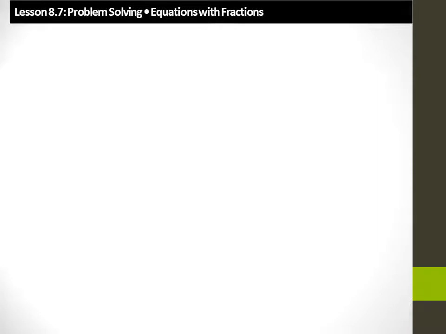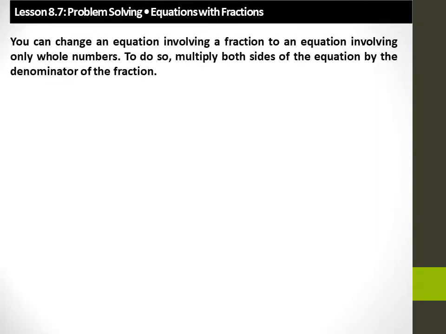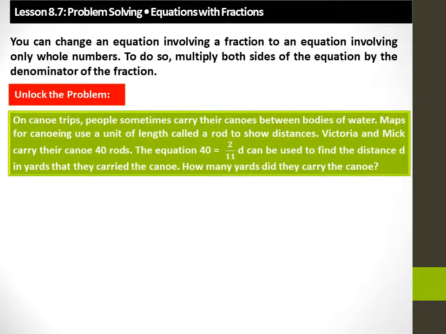Problem solving equations with fractions. You can change an equation involving a fraction to an equation involving only whole numbers. To do so, multiply both sides of the equation by the denominator of the fraction. Unlock the problem. On canoe trips, people sometimes carry their canoes between bodies of water.